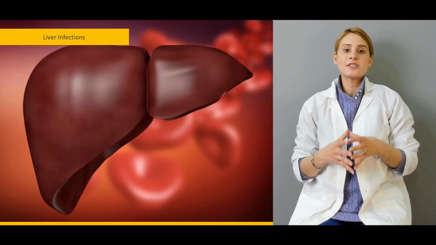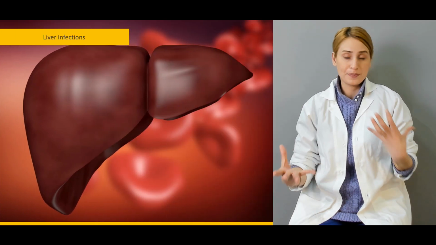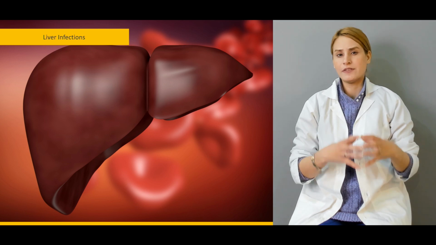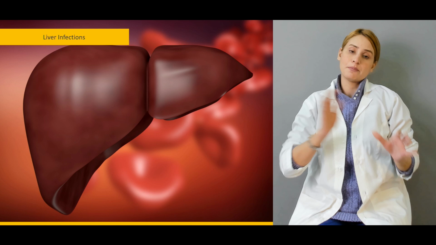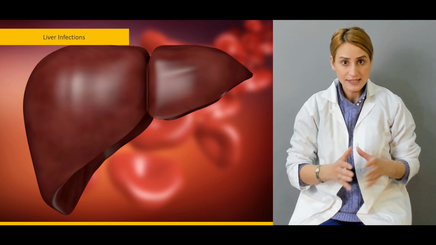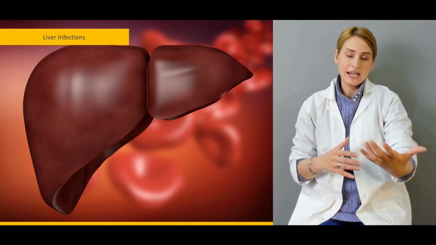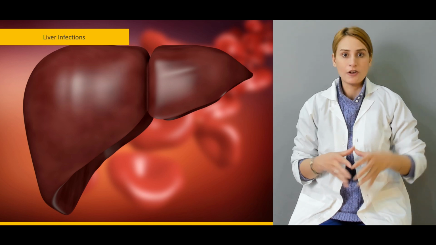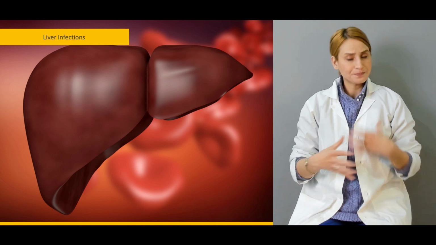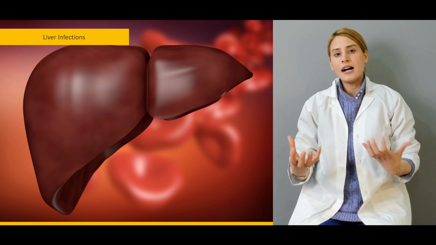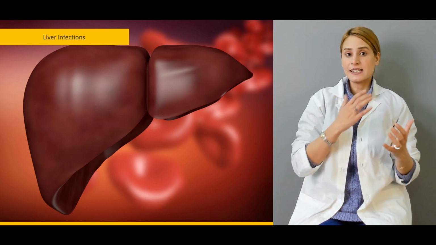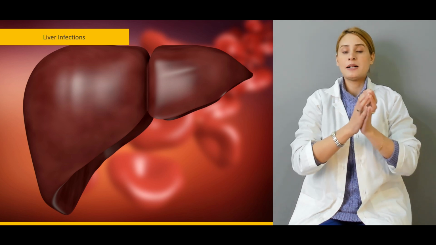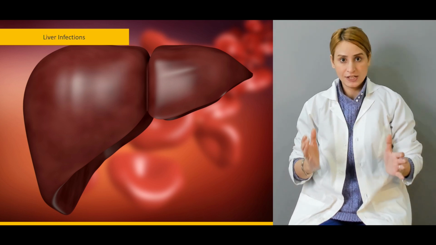If we talk about the drainage of the liver, we all know that the venous blood comes to the portal blood before it goes to the systemic circulation and to the right atrium of the heart, through the vena cavas. So it's a connection which is connecting the portal blood to the systemic circulation in the liver.